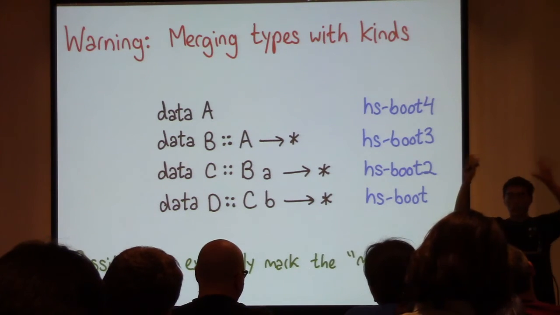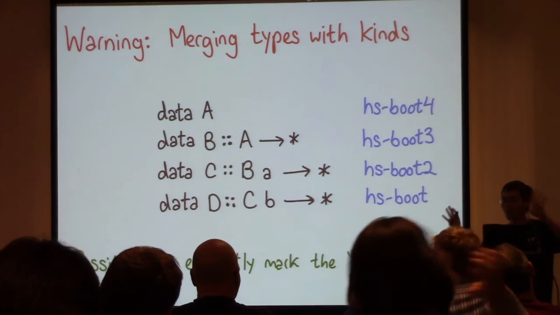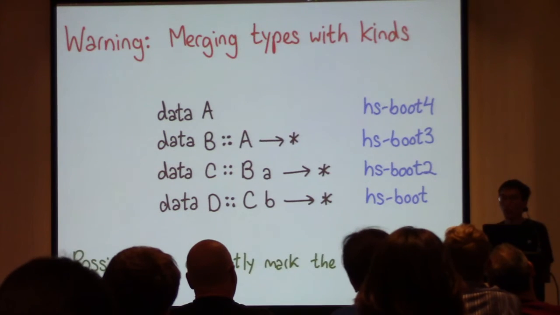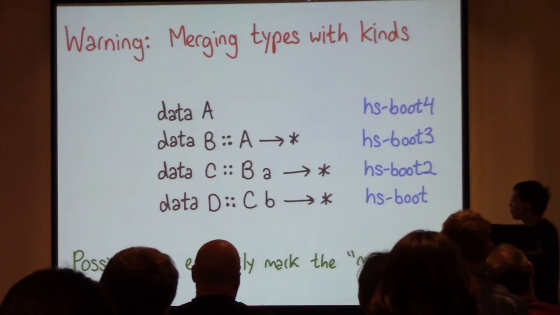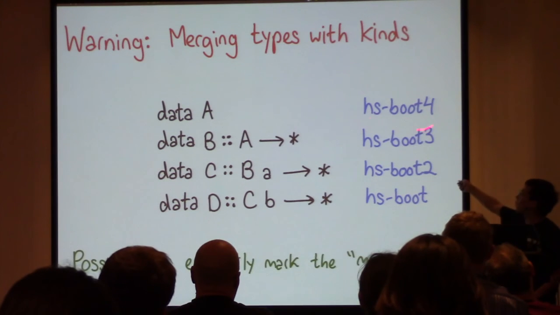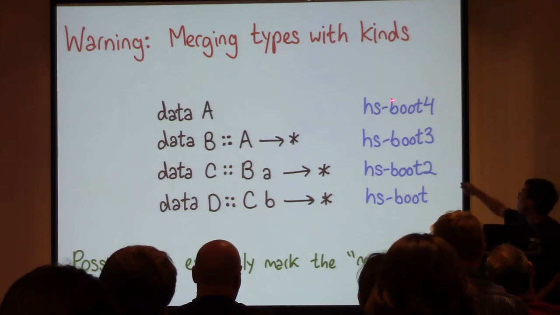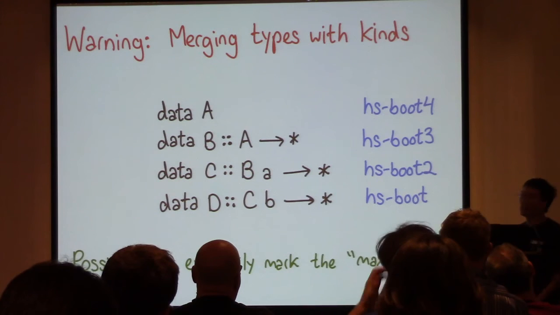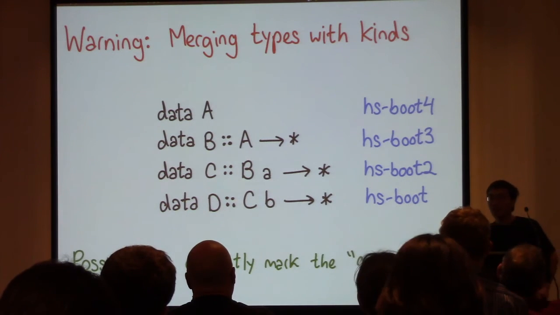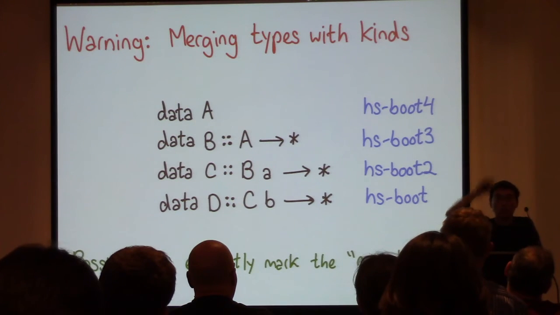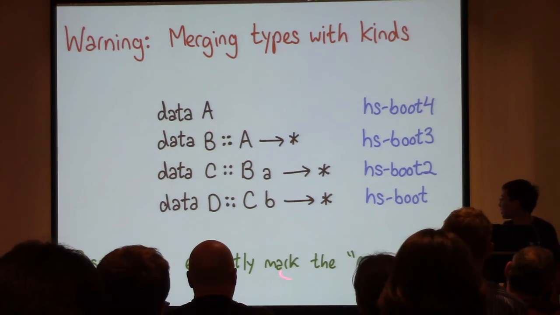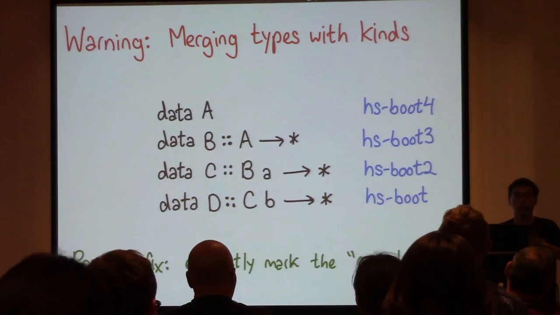It's just an internal abstraction in the compiler for how to deal with it. If you just say, oh, there's a hierarchy of HS boot files, it's not even that much code. The real problem is you need to figure out before you do any type checking how far up you need to hoist each of these declarations. And that is not immediately evident, because when you merge types with kinds, you lose the stratification. So my suggestion is you should mark what the max level is, but it's not good.